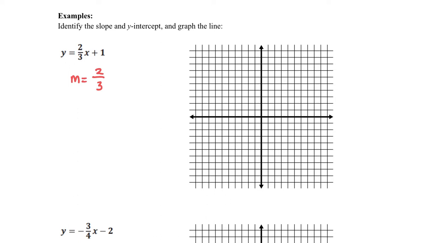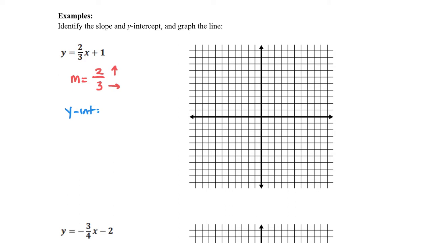Going from the graph to the slope, we learned that this means up and this means to the right. It means up because it's positive. And the y-intercept is 1.